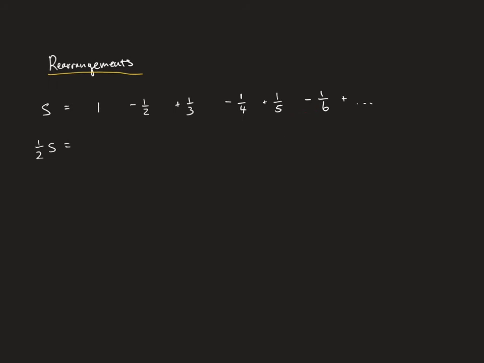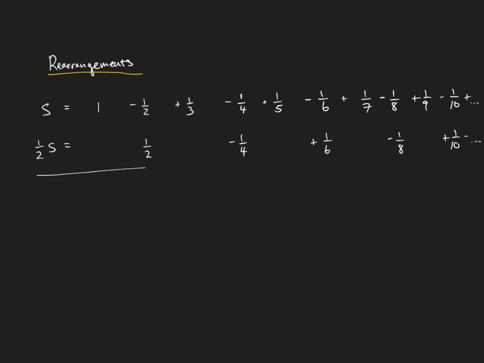So this 1/2 S is going to be 1/2, then minus 1/4, and then plus 1/6, and then minus 1/8. So let's walk this out a little further. Minus 1/8 plus 1/9 minus 1/10, and then plus 1/10 here, dot dot dot.